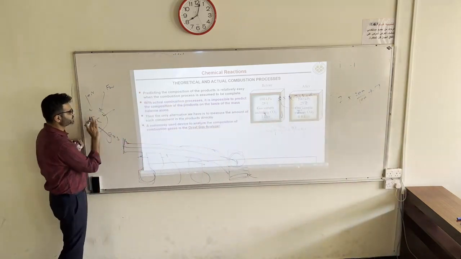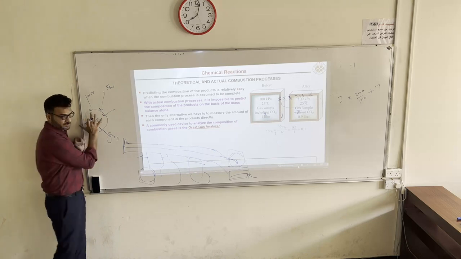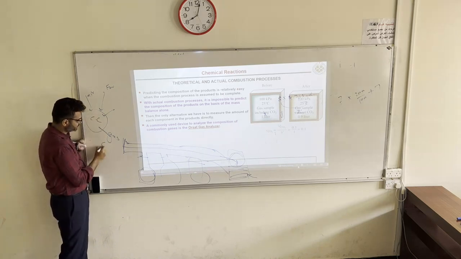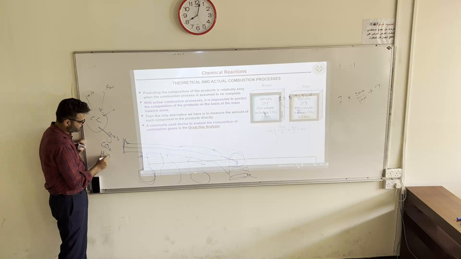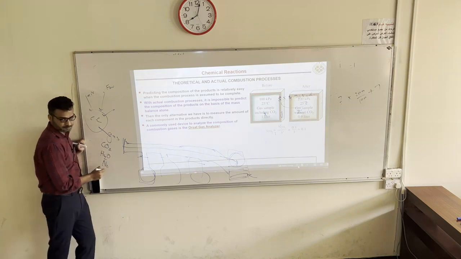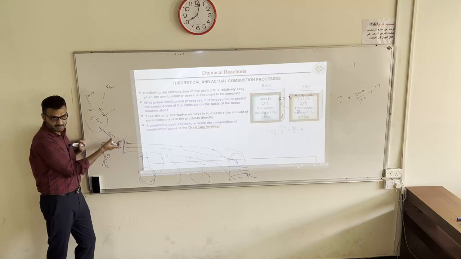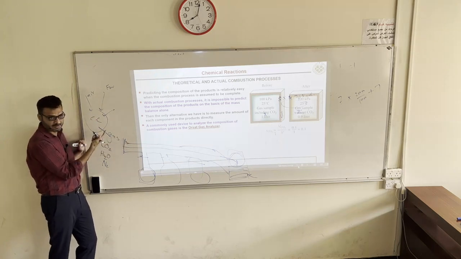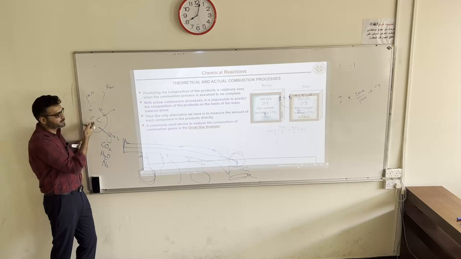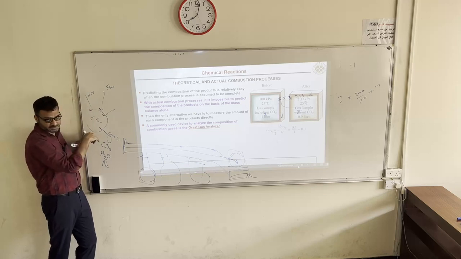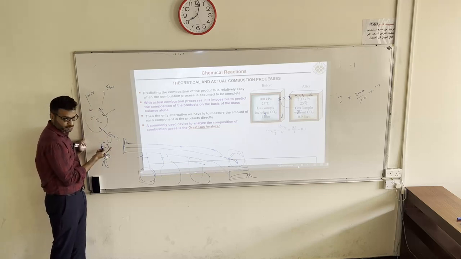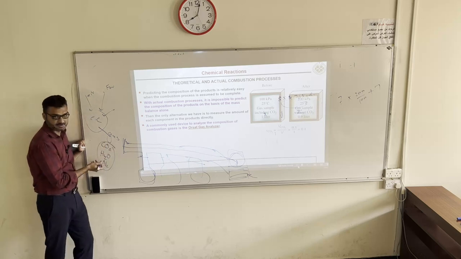To know if your combustion is proper or not. Proper combustion means here you should have only CO2, H2O, and N2. If your combustion is not proper, you are seeing some smoke, colored smoke, it means some oil is burning, or too much air, or deficiency of air. And how to know that? By analyzing the exhaust gases.